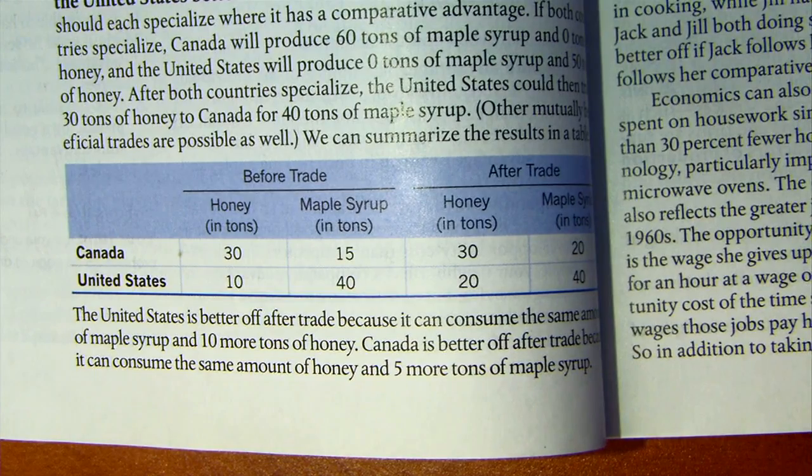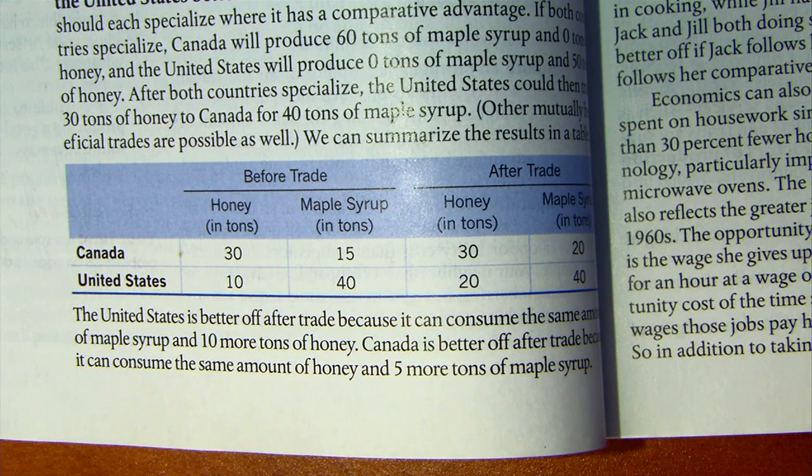So now, suppose Canada's producing 30 tons of honey and 15 tons of maple syrup. The US is doing 10 tons of honey and 40 tons of maple syrup. So basically, what we've got right here. If they specialize in trade, can both countries make themselves better off?